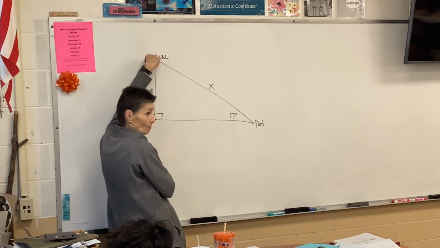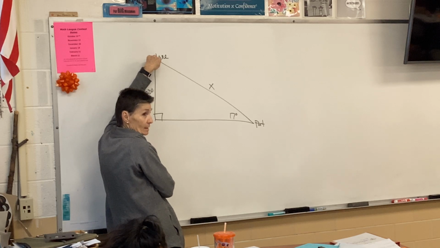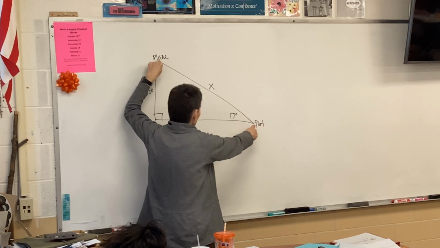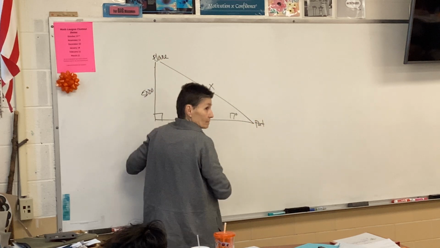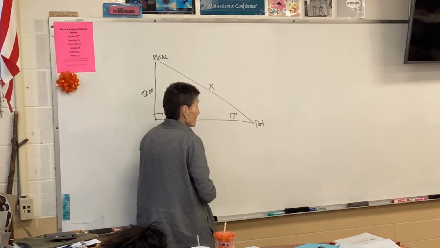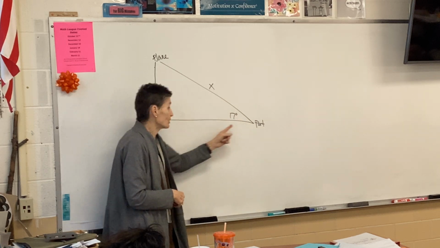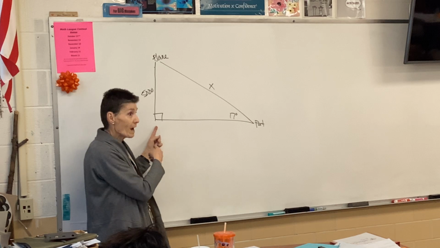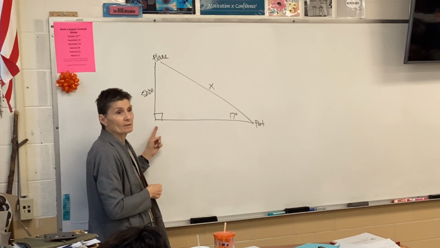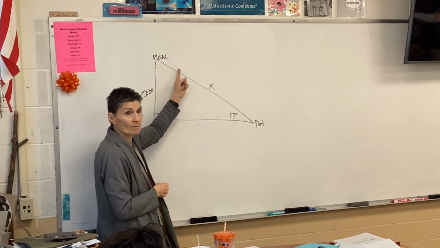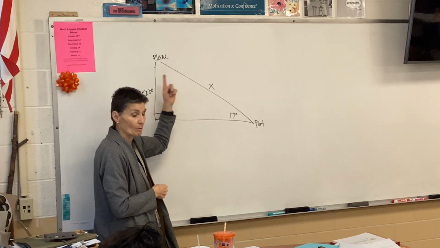This finger's at the airplane. How far is the airplane from the airport? This finger's at the airport. That's how far apart they are. Right? This would be the distance from the airport to the point on the ground directly below the airplane. But this says how far from the airport is the airplane.